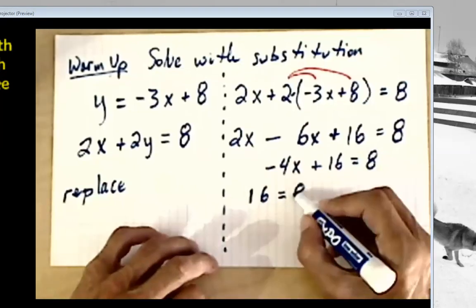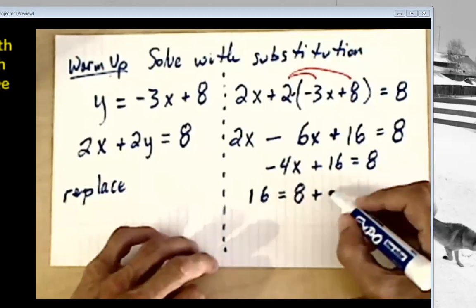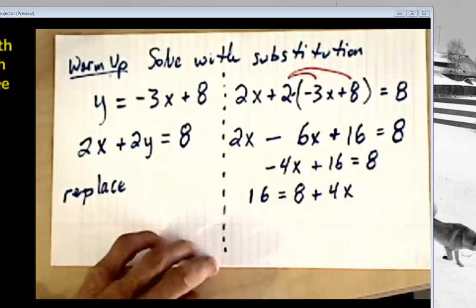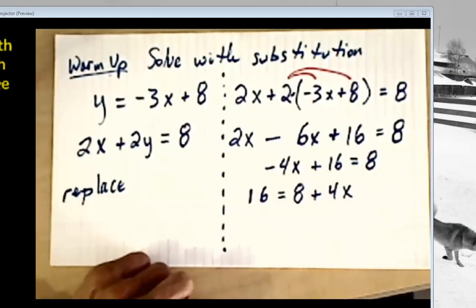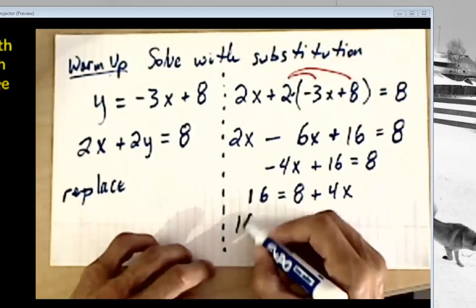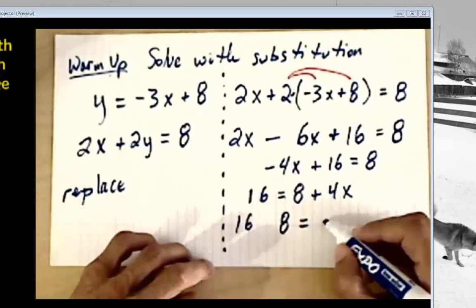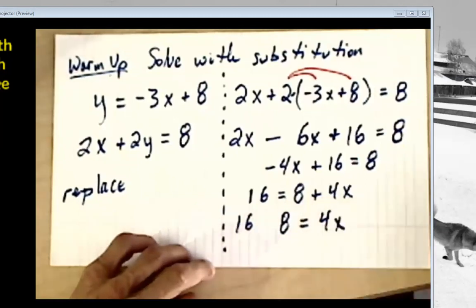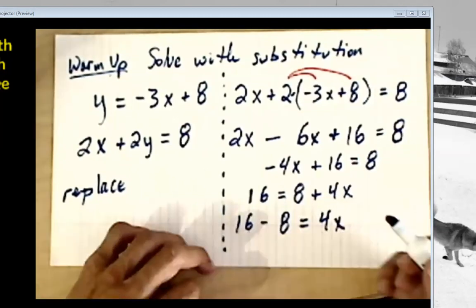The 4x goes to the other side, so it's positive. What about the 8? So 8 to the other side. So that means what? Minus. Minus. True.